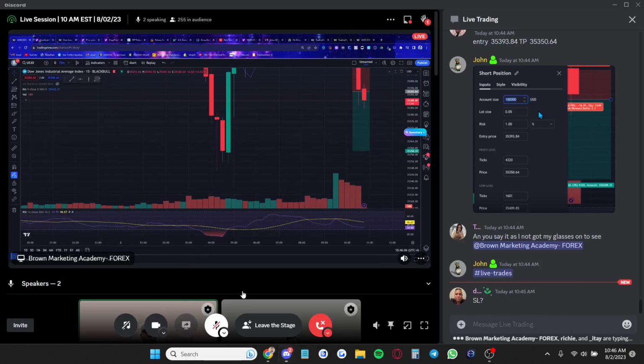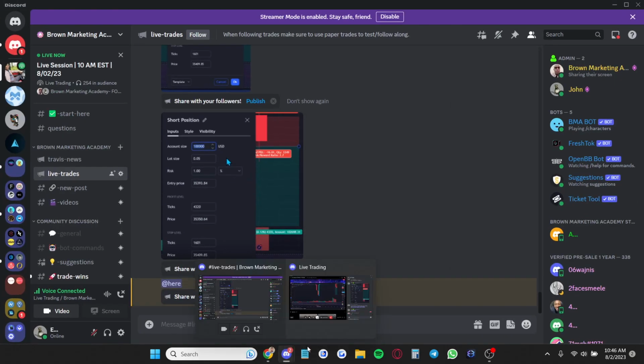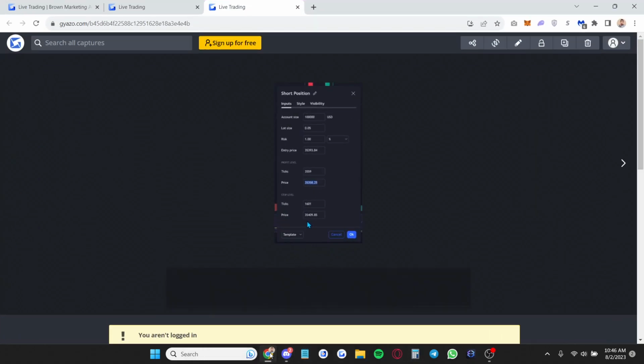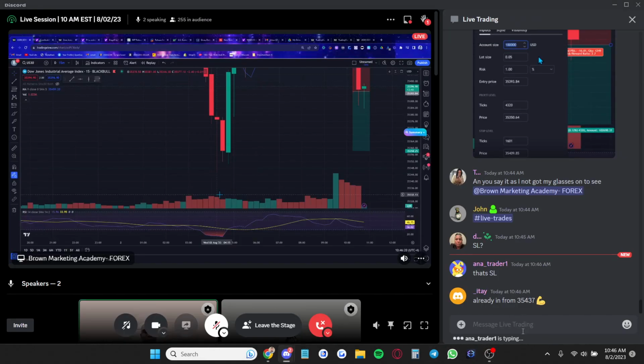And it's on the 15-minute chart right below this red candle. The reason why I put it there is because this seems to be a major area of support. We should be smooth sailing all the way down here if we don't have to pull back. Thank you, John.